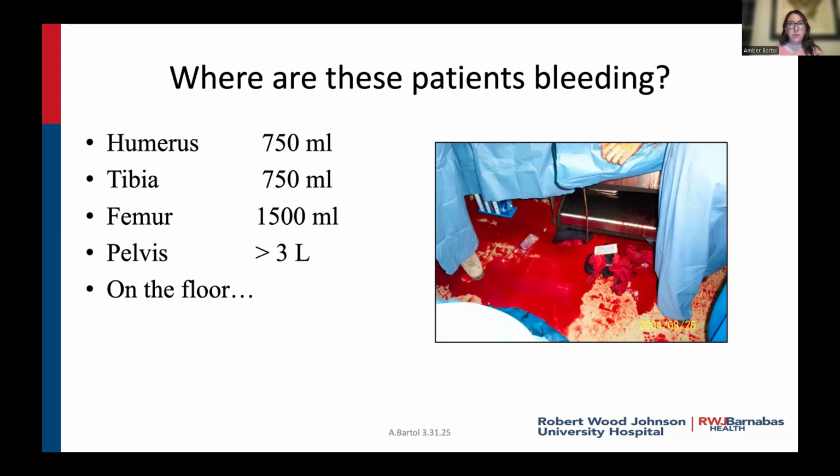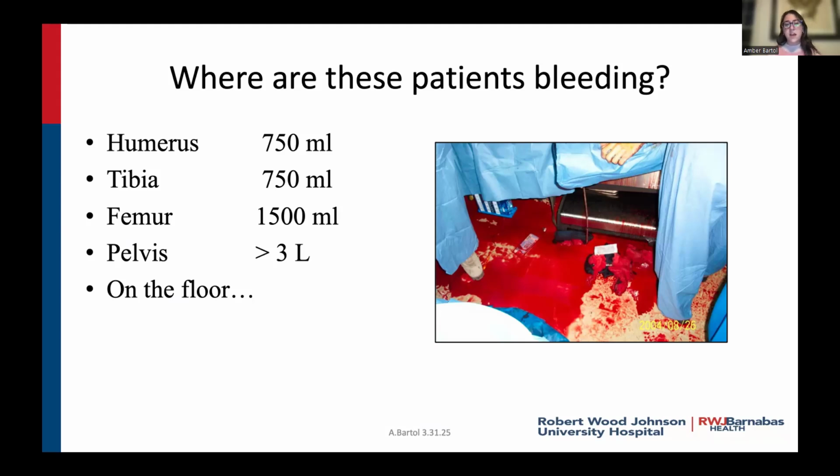But we also probably won't see blood that is stuck inside a compartment. So if they're bleeding from different types of orthopedic injuries, your body cavities can take a lot of blood without you knowing it. So your femur can take up to 1,500 mLs in your thigh. So it seems like a lot. And your long bones in your arms can also take up to 750 mLs of blood.